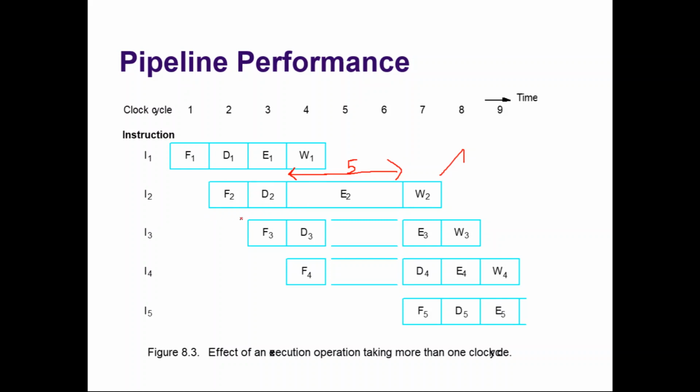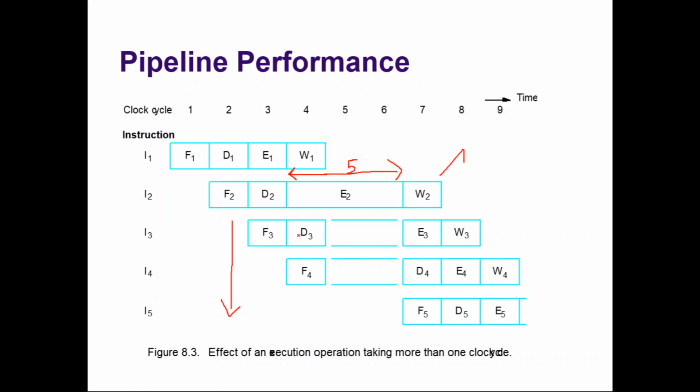As instruction 2 is delayed, other instructions also should be stalled. This is called stalling. We discussed it before, right? Stalling means stopping. When instruction 2 is executing, instruction 3 can be decoded, that is fine.